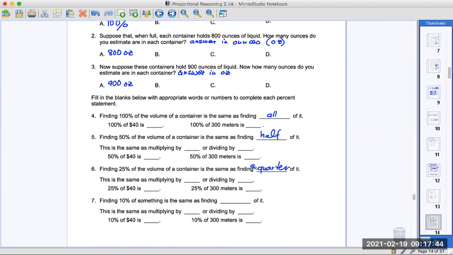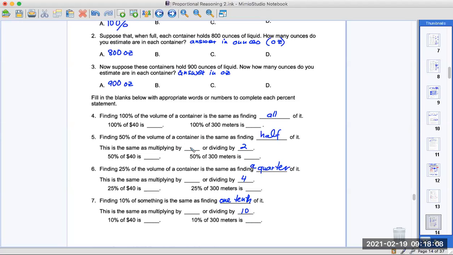A quarter is 25%, and 10% is like finding 1/10 of it. So when you find half, it's easy. You divide by 2. When you find a quarter, you divide by 4. When you find 1/10, you divide by 10.